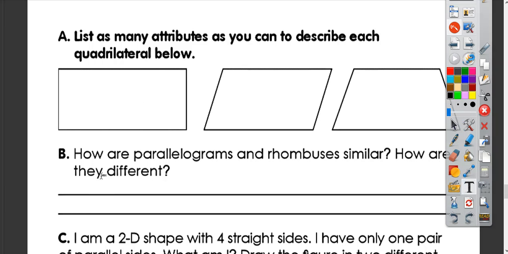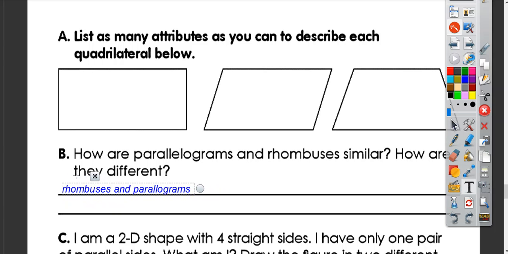Question 1. How are parallelograms and rhombuses similar and how are they different? Well, rhombuses and parallelograms are similar.